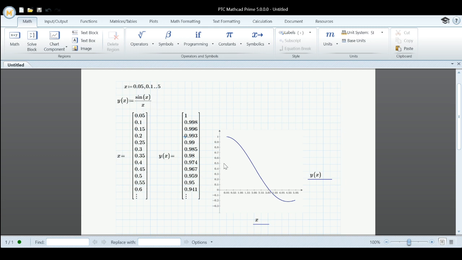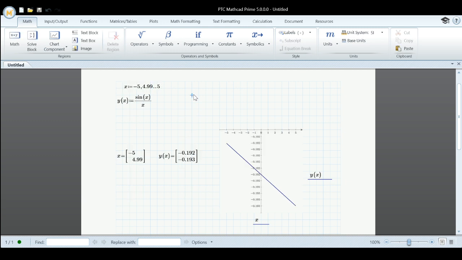Now sin of x, you see, if you put it from here to here, now suppose I want to check it from -5 with increment 0.1, so it becomes minus 4.99. Well, it's a graph like this.